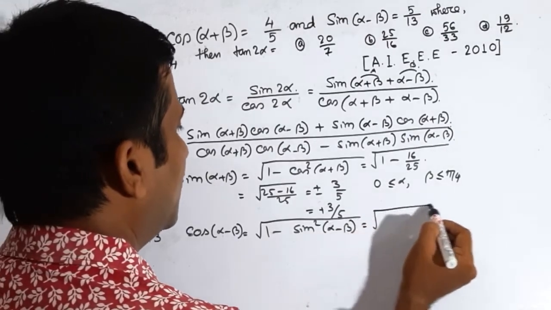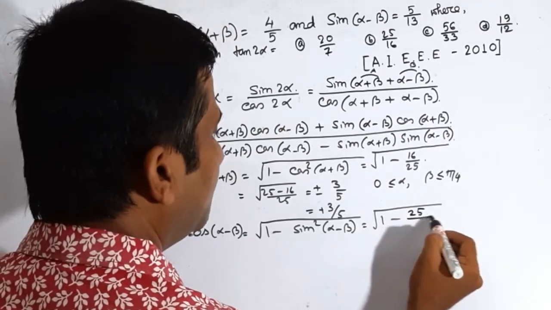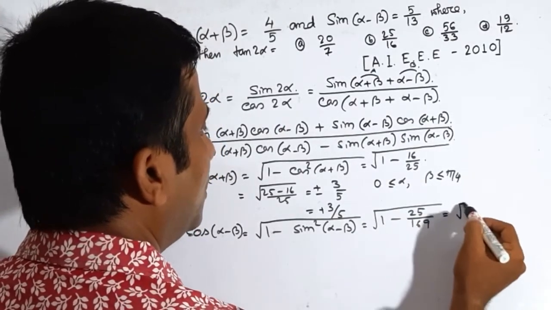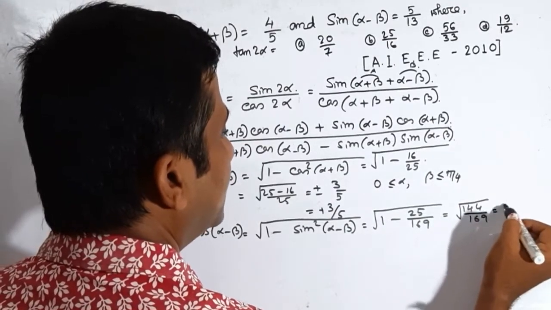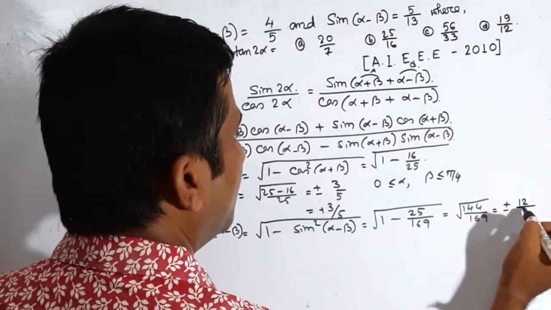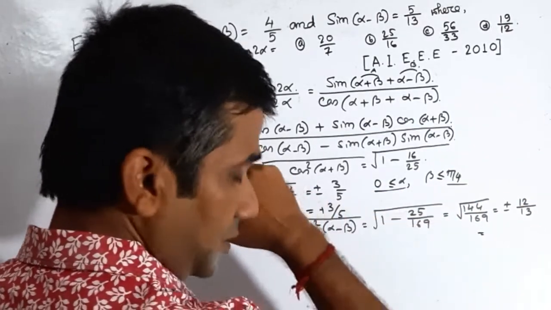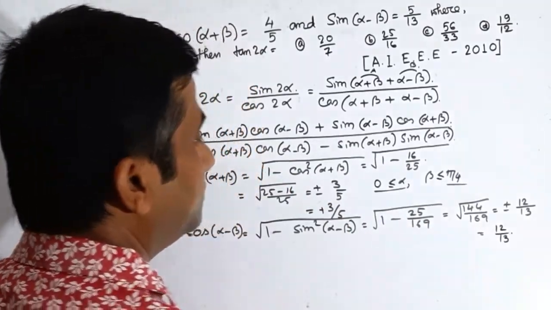That means root over 1 minus 25 by 169, which is equal to 144 by 169, and this is plus minus 12 by 13. And from the given condition, it is true that this is 12 by 13.